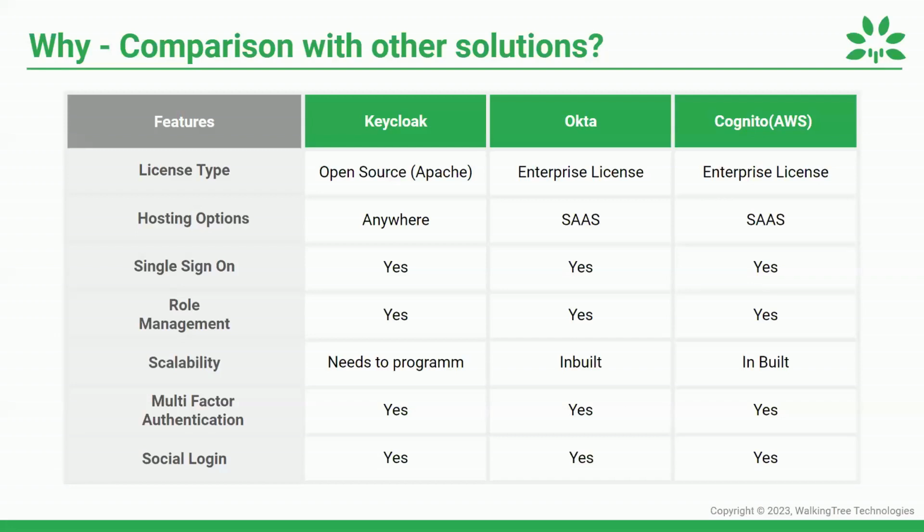Another factor which I've not listed out here is customizability. If we talk about customizability, with Okta and Cognito we will not be able to customize because, again, it is software as a service. If at all you need any customizations, you need to check with their teams and get it done by them. But coming to Keycloak, as you have the complete code on your plate and it is built in Java, which is a very popular programming language, if we are comfortable with it, we should be able to easily customize and extend the capabilities of Keycloak on our own.